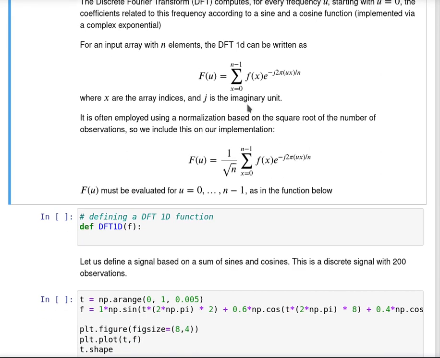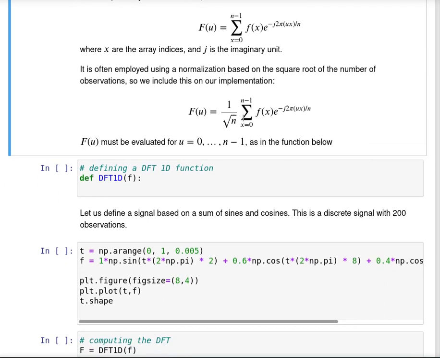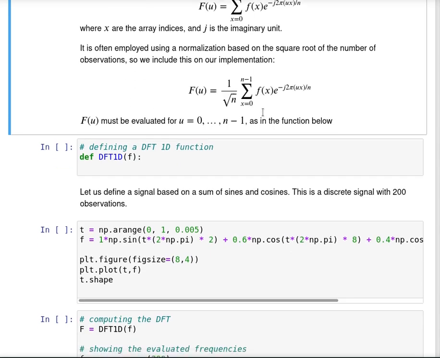So x's are all the array indices, and j is the imaginary unit, as we are going to see below when we implement this function. If we want to, we can also use a normalization based on the square root of the number of observations.